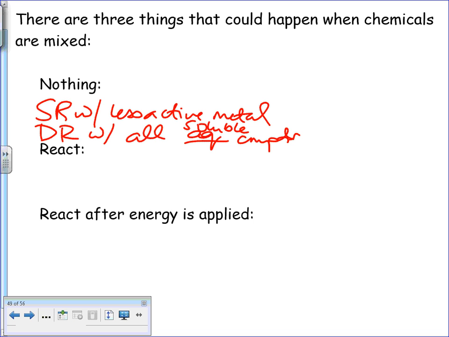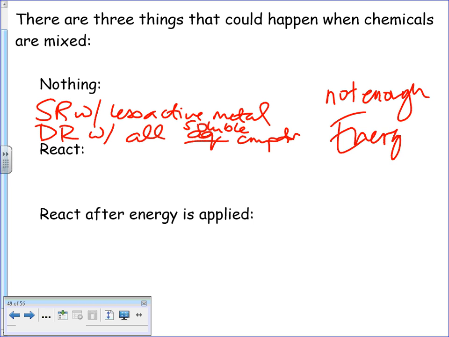Generally, these things are not going to happen because of their activity, but also you can have things where there's not enough energy. Sometimes things need a little help. If I just put some potassium chlorate on my counter, would it just decompose? No, it doesn't have enough energy.